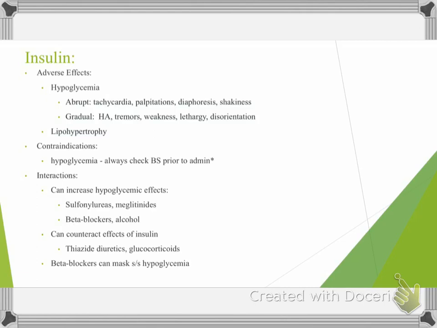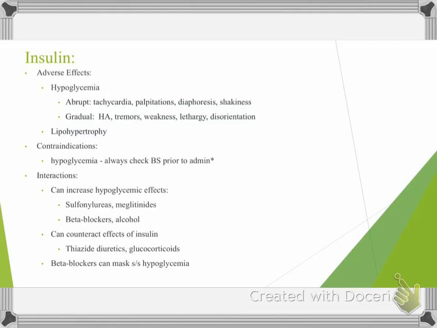So the adverse effects could be hypoglycemia, which is a glucose less than 70. An abrupt hypoglycemia, signs and symptoms are the tachycardia, palpitations, diaphoresis, shakiness. Gradual hypoglycemia side effects are headache, tremors, weakness, lethargy, and disorientation.